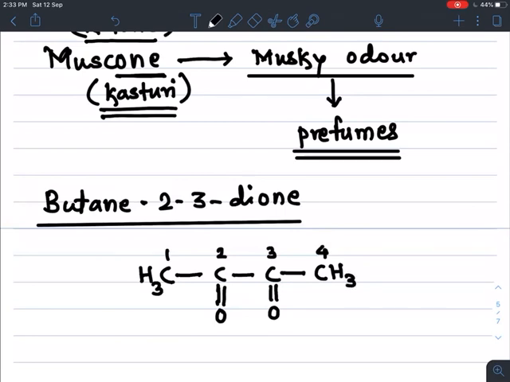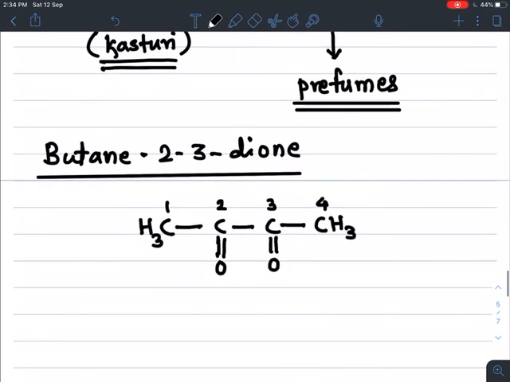So this ketone, butane 2,3-dione, is present in popcorn, and due to this butane 2,3-dione, popcorn has a butter flavor. You know popcorn.